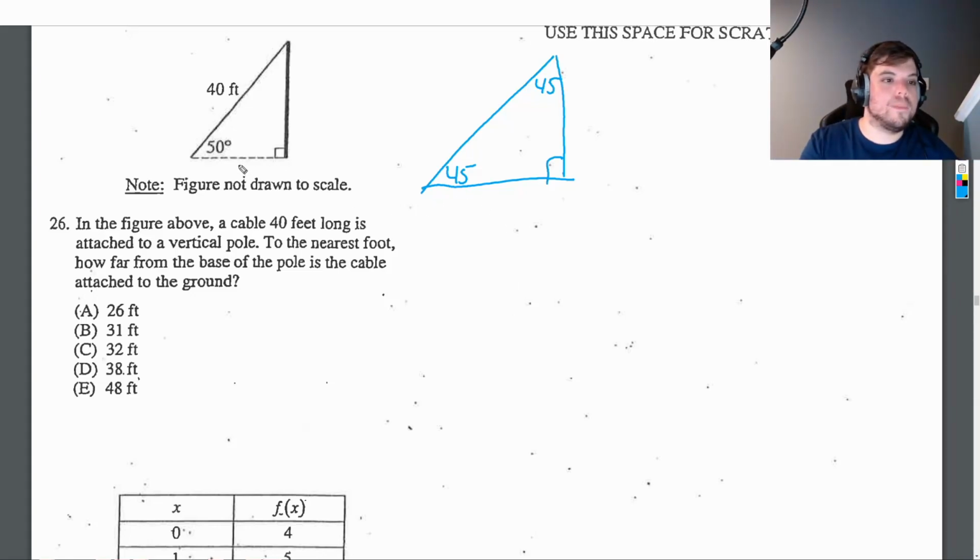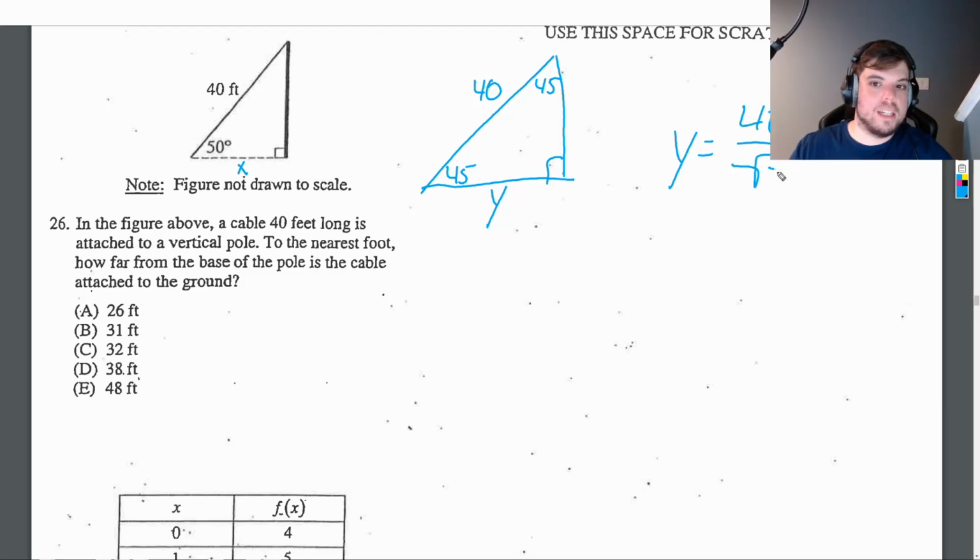So if this was X, this is going to be bigger than X. Whatever this length is here, we'll say it's Y on this triangle. It's going to be bigger than X. If this is still 40, and this is a 45, 45, 90 triangle, that means that this Y is 40 divided by root 2.